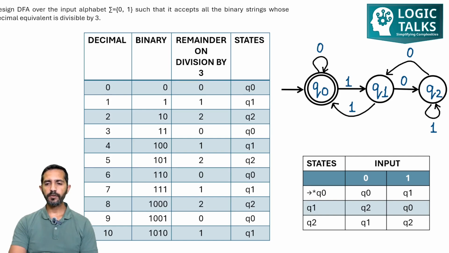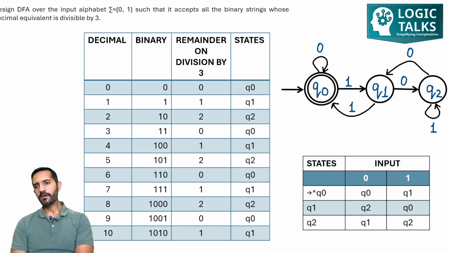I hope you are able to understand the pattern that has developed so far. For divide by 3, the pattern is q0, q1, q2, and again q0, q1, q2. If it had been divide by 4, then the pattern would have been q0, q1, q2, q3, and the number of states would have been 4.